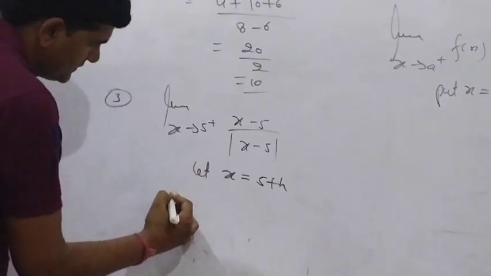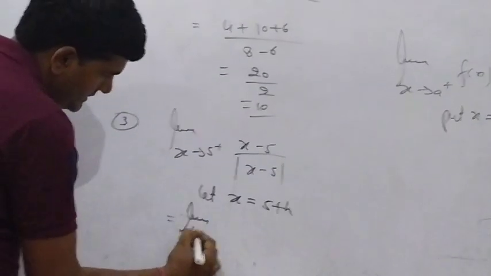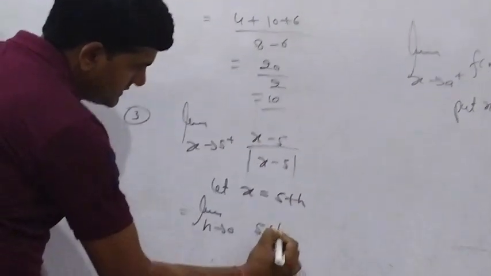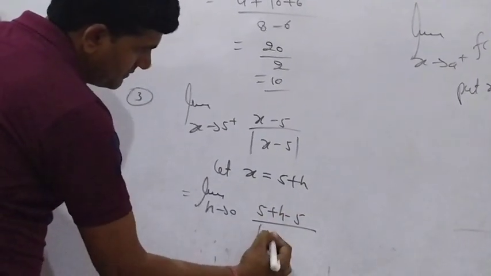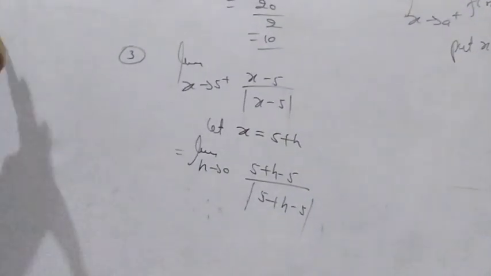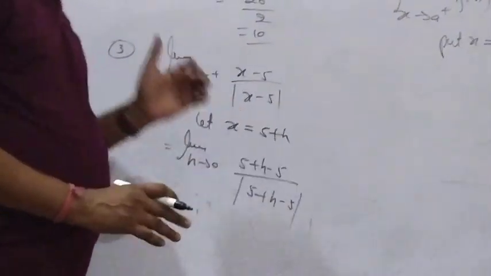Now limit h tends to 0, and here x means 5 plus h minus 5 upon mod of 5 plus h minus 5. Understood? You simply put the value x is equal to 5 plus h.